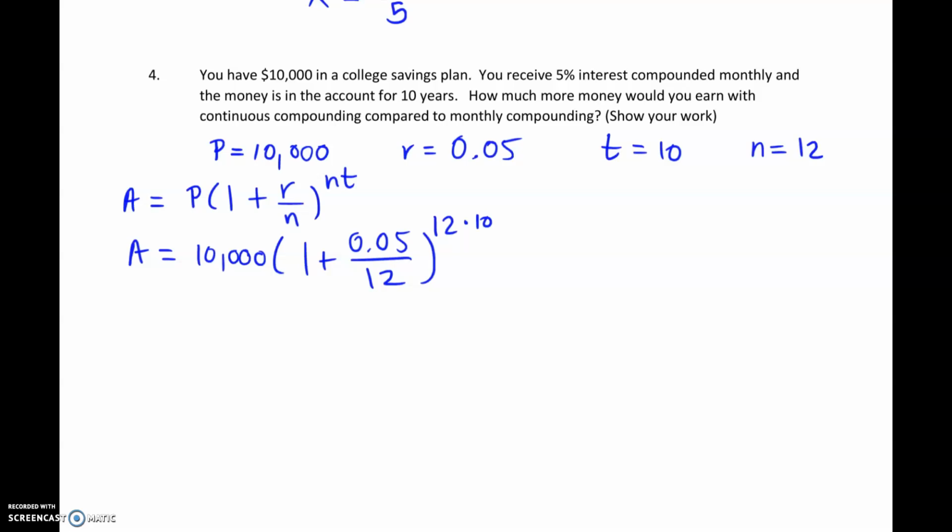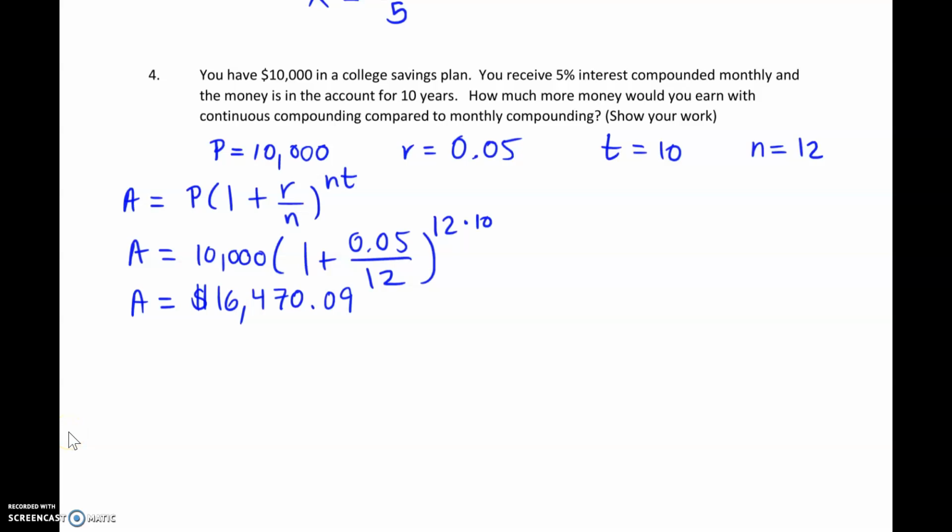And then we can use a calculator to calculate that. The total over here from the calculator is $16,470.09. Usually we round it to 2 decimals for money.